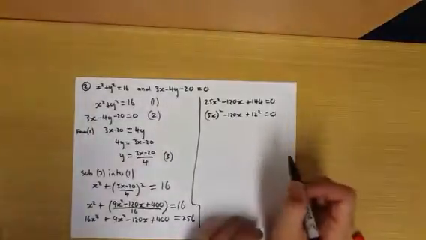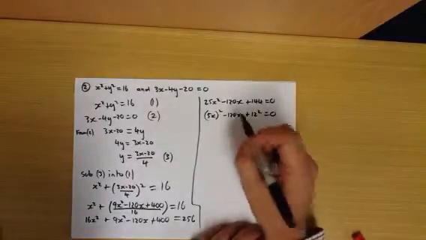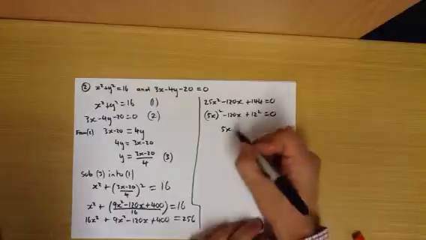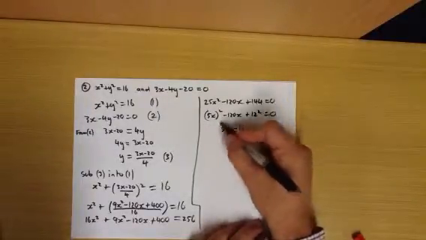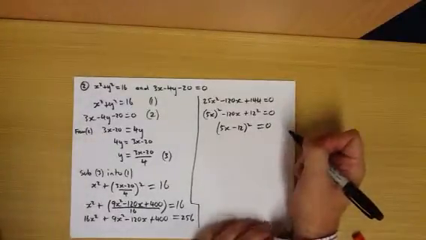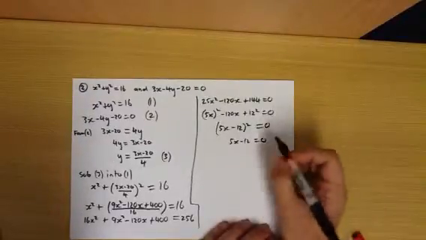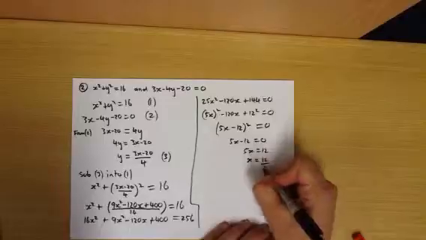It is, it's a perfect square. So what we've got here is 5x minus 12 all squared equals 0. So 5x minus 12 equals 0, 5x equals 12, x equals 12 on 5.